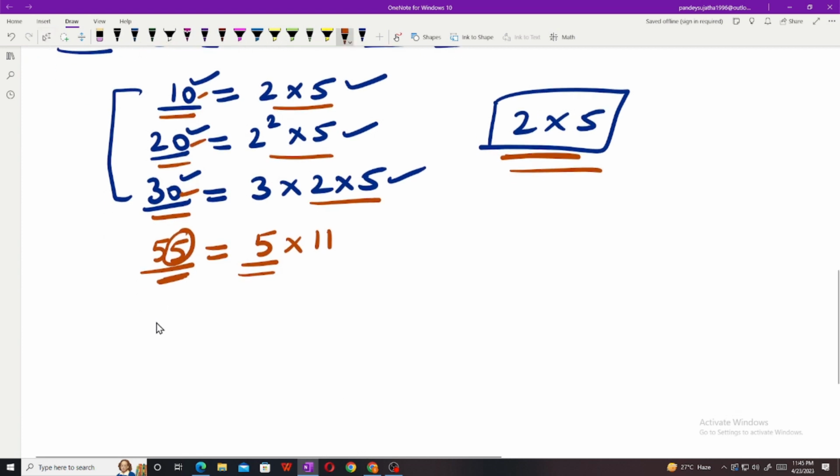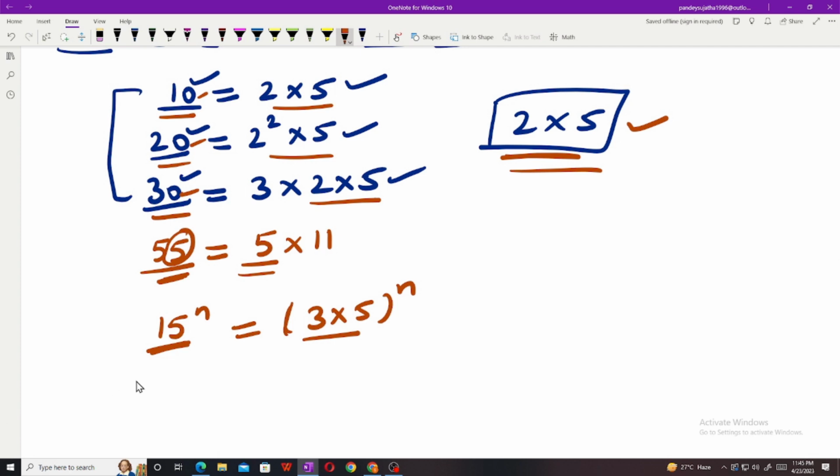Let's check whether 15 to the power of n ends with the digit 0. So here, the prime factors of 15 we can write as 3 into 5 to the power of n. Since this 15 does not have both 2 and 5 as a factor, therefore it will not end with the digit 0.